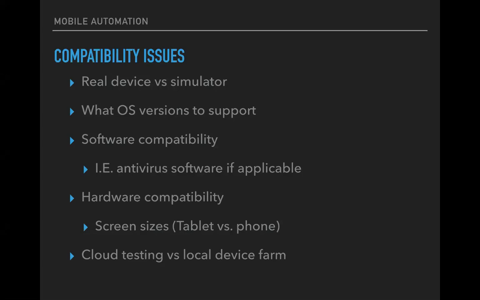Also, something really important in some applications, not all of course, is software compatibility. Now, what I mean by that is, for example, you can have an antivirus software installed on the mobile device, and that antivirus software can interfere with your application.